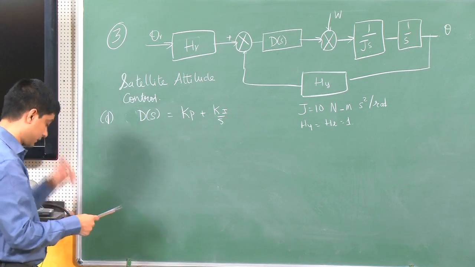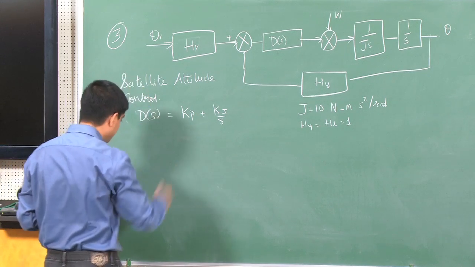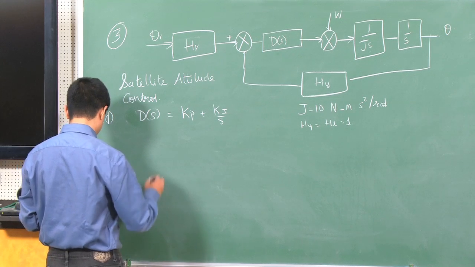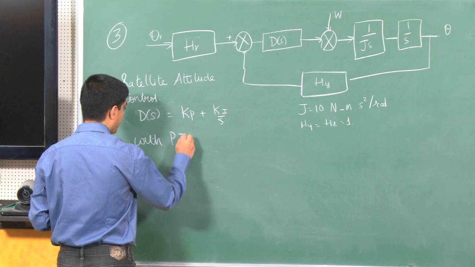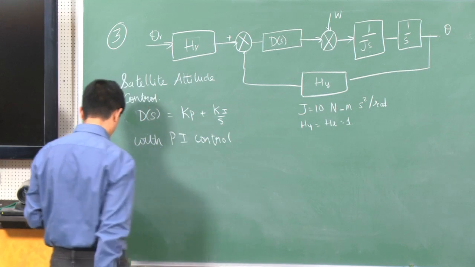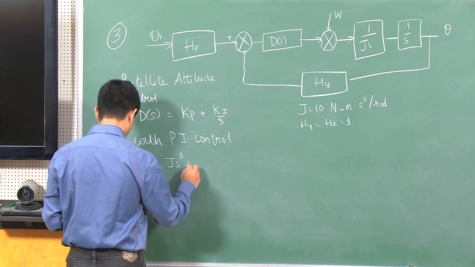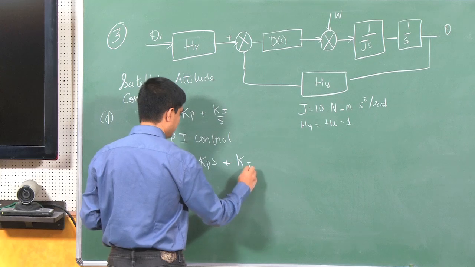Okay, so what does this controller do? And this is again not very different from what we did earlier. So with PI control, the characteristic equation becomes Js cube plus Kp s plus Ki equal to 0.